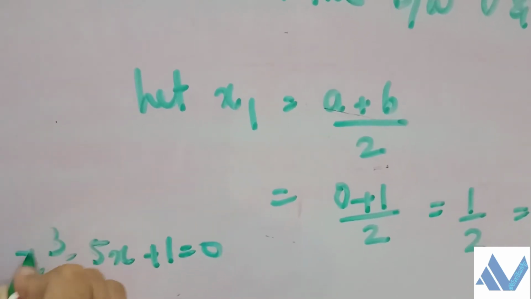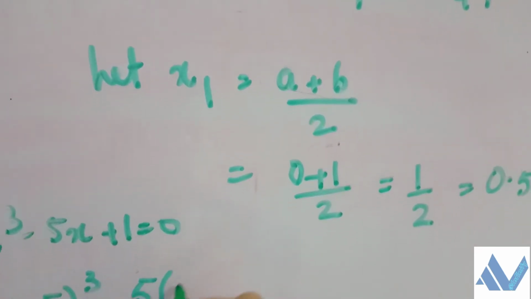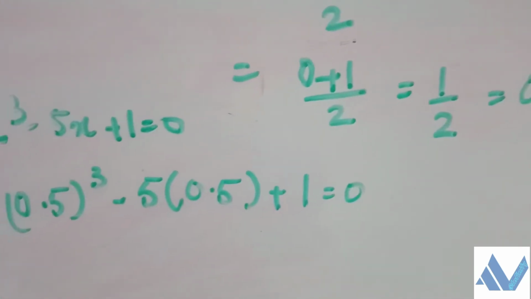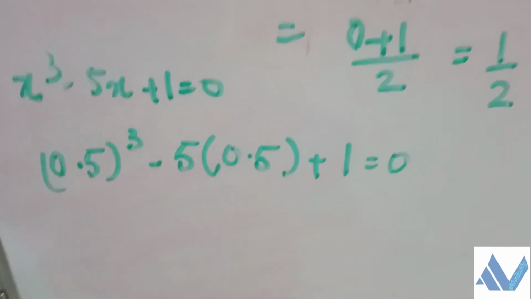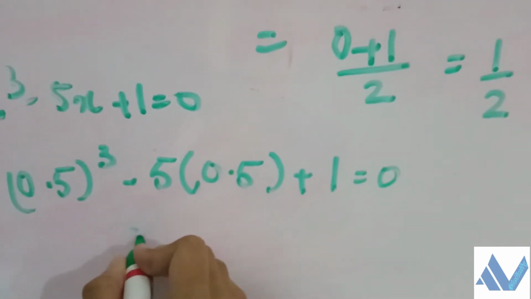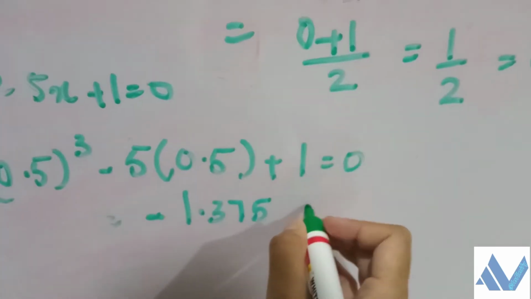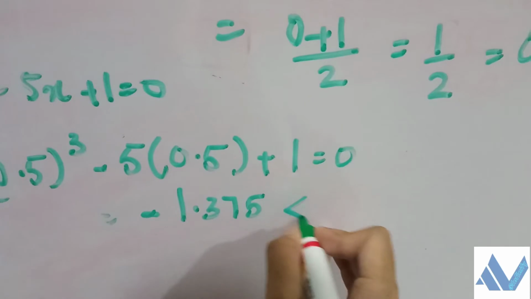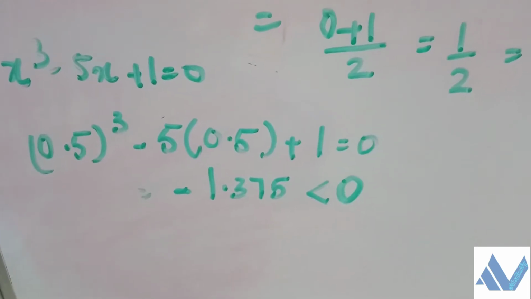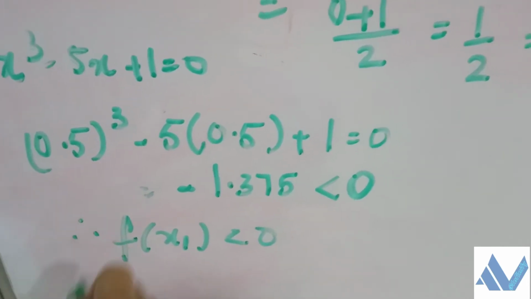So 0.5 the whole cube minus 5 of 0.5 plus 1. Solve this on a calculator, and here I am directly writing the answer, which is minus 1.375, that is less than 0. So f(x1) is less than 0.